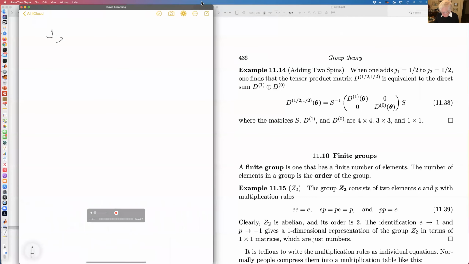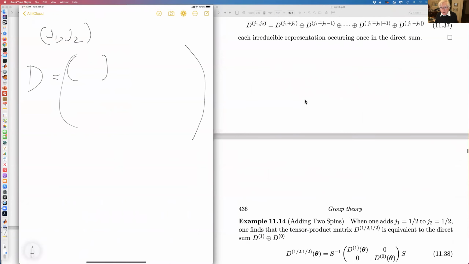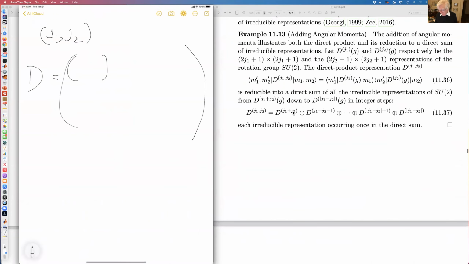system J1, J2, then in other words, two rotations acting on two systems, one with angular momentum J1, one with angular momentum J2, then the total representation is, it'll look like this. And this one here will be one that is for J1 plus J2.